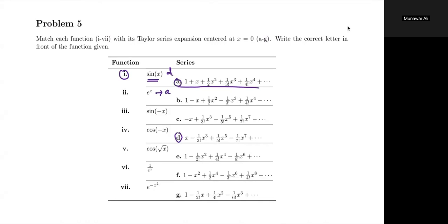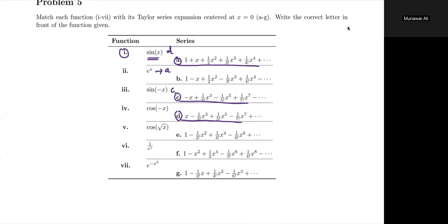Sine of negative x is just take the series of sine x and replace x by negative x. You will get this one. So I think these are the same. And cosine of negative x, you take the series of cosine x and replace x by negative x. The series for cosine x is this one.